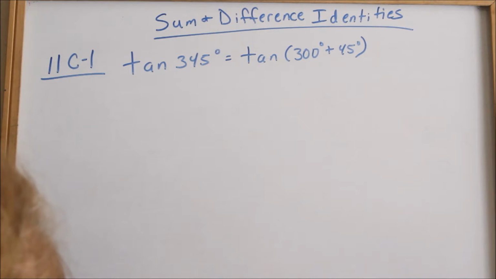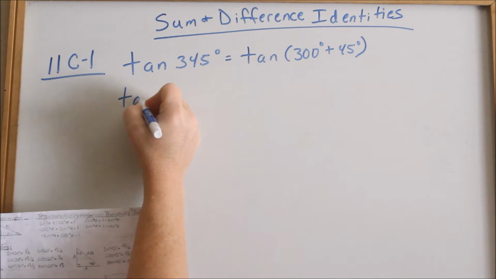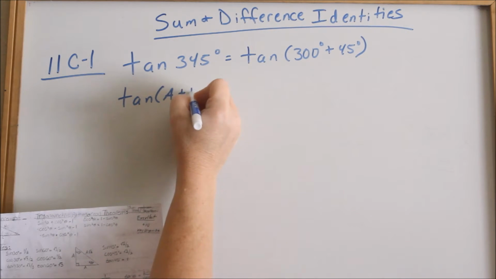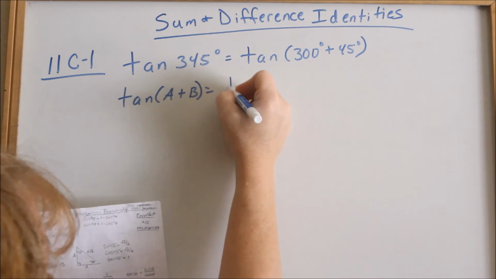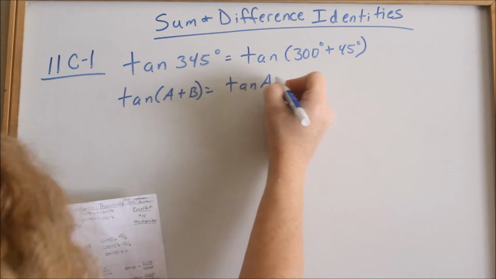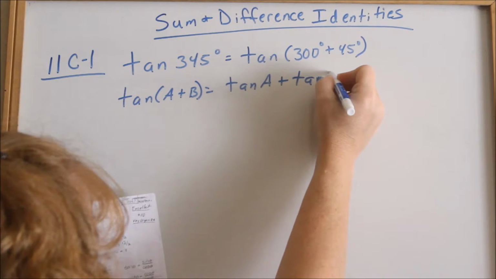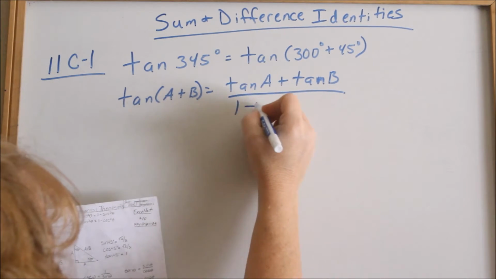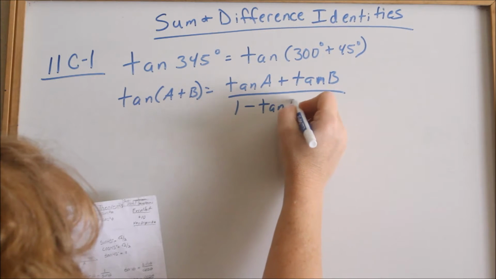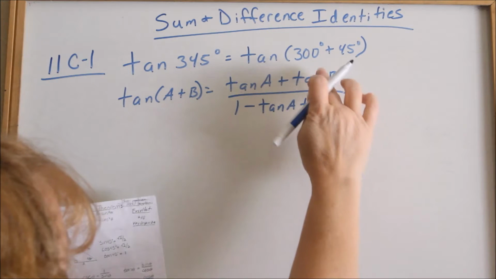Okay, so the formula for the sum identity of tangent is this. Tangent of the first angle plus tangent of the second angle all over 1 minus tangent of the first angle times tangent of the second angle.